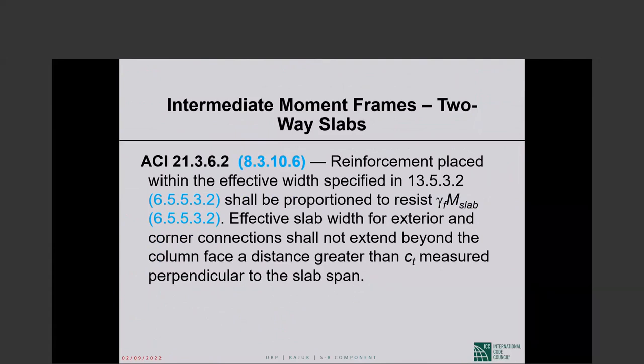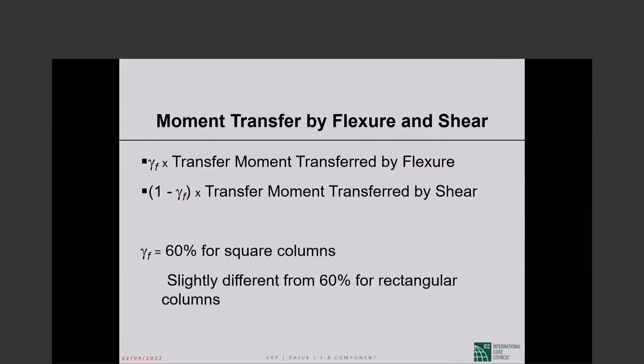The reinforcement needed to resist the part of the unbalanced moment that is transferred by flexure has to be placed within a narrow moment transfer band running along the column lines. All this discussion must be quite fresh in your mind. So gamma sub F times the unbalanced moment is transferred by flexure. 1 minus gamma sub F times the unbalanced moment is transferred by shear.